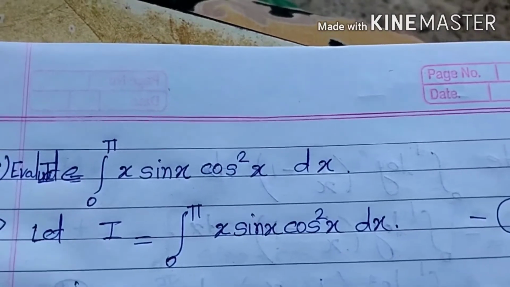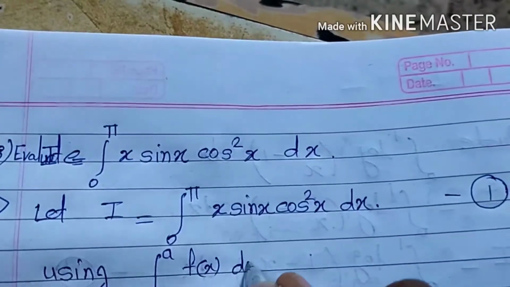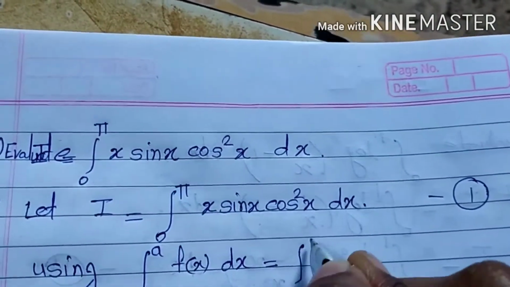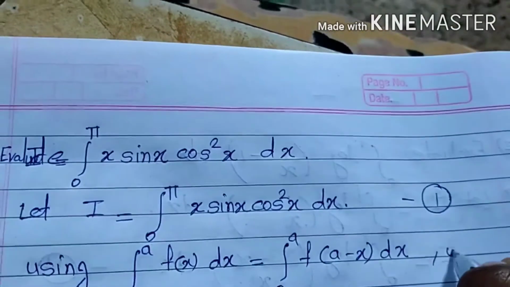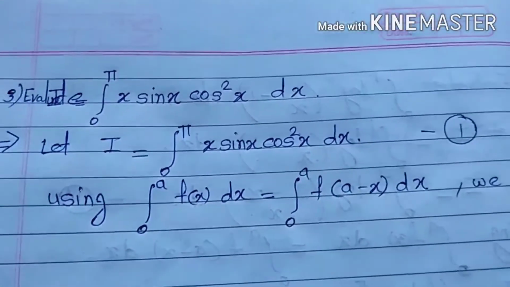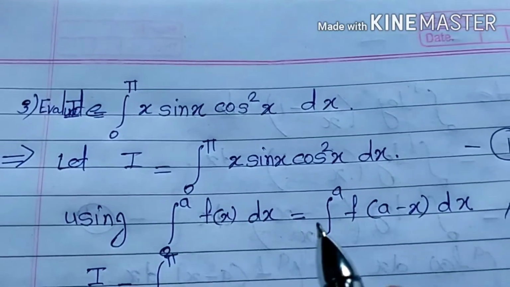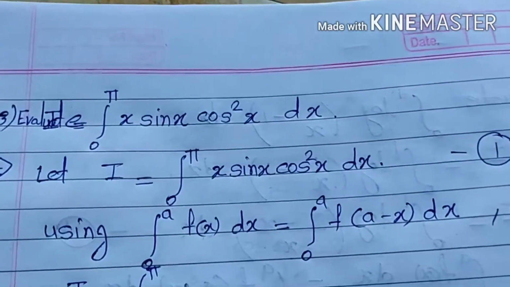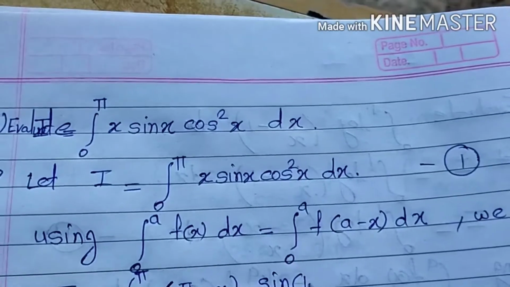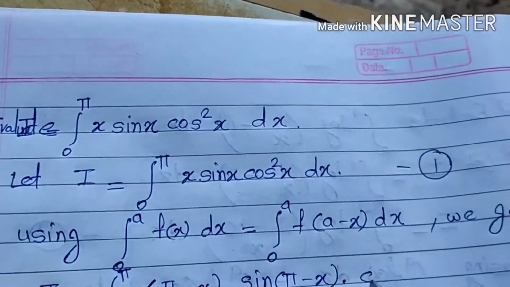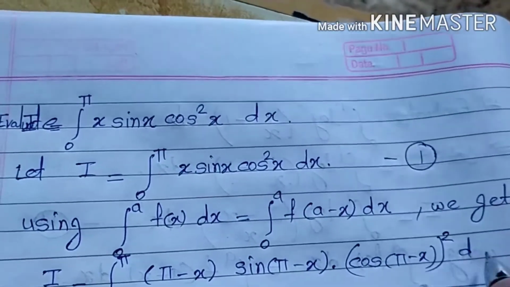Now using the integral from 0 to a of f of x dx is equal to the integral from 0 to a of f of a minus x dx, we get, using this property, I is equal to the integral from 0 to pi, instead of x put here pi minus x, sin of (pi minus x) into cos of (pi minus x), and this whole square, dx.